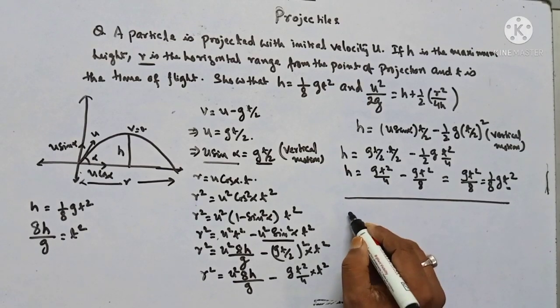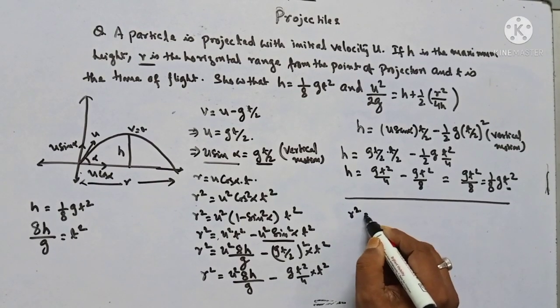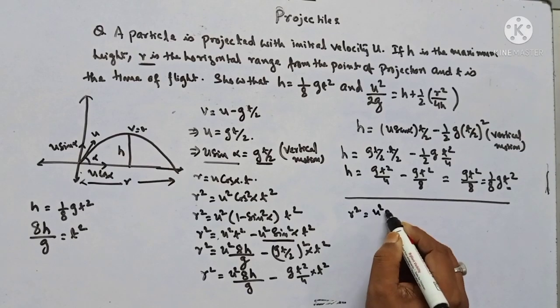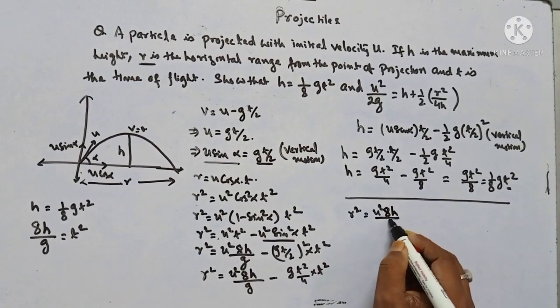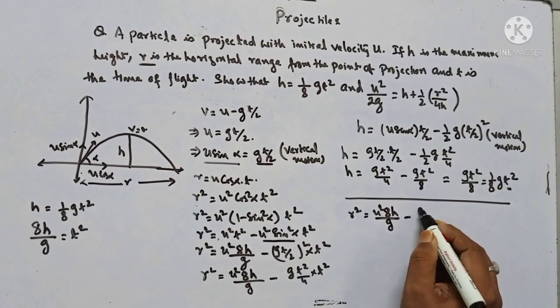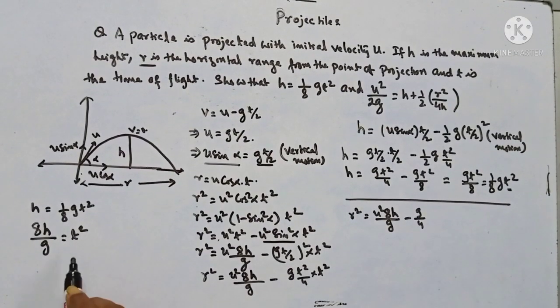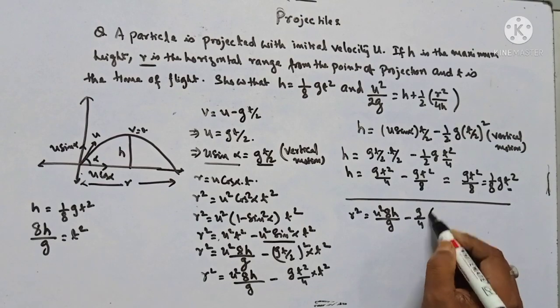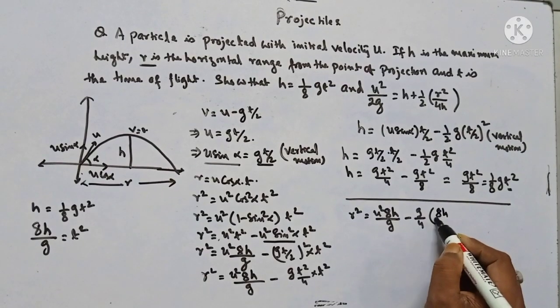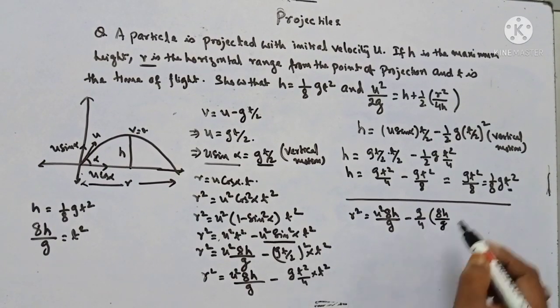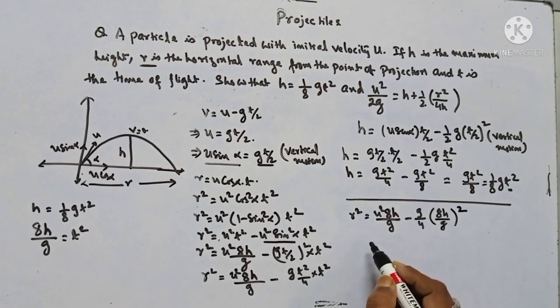So now this will be your r square. Again this will be u square 8h by g minus g by 4, and the value of t square is this, that is 8h by g, and then again whole square.